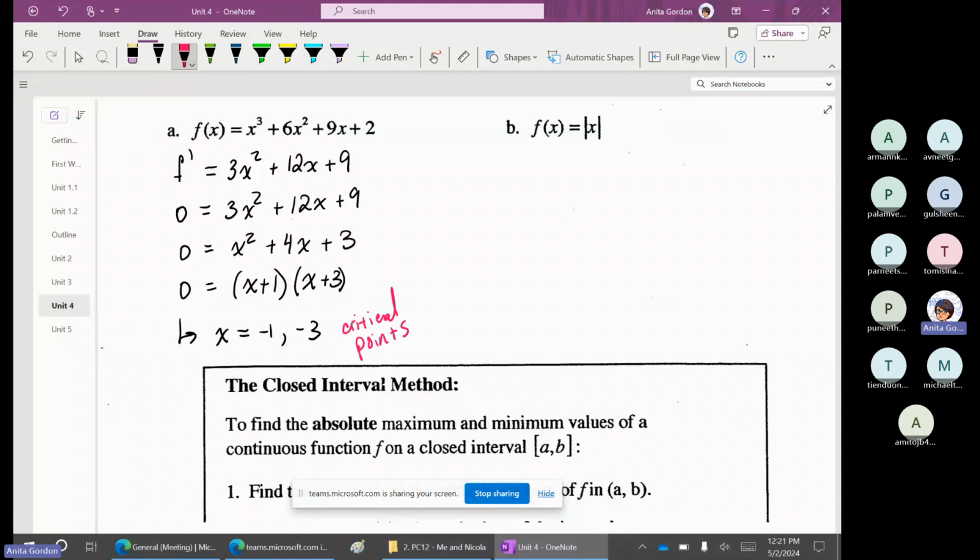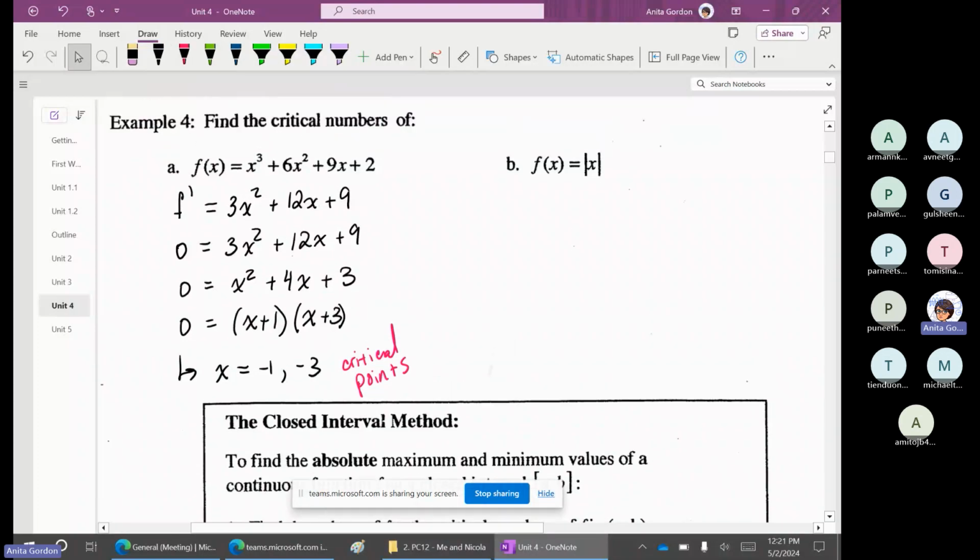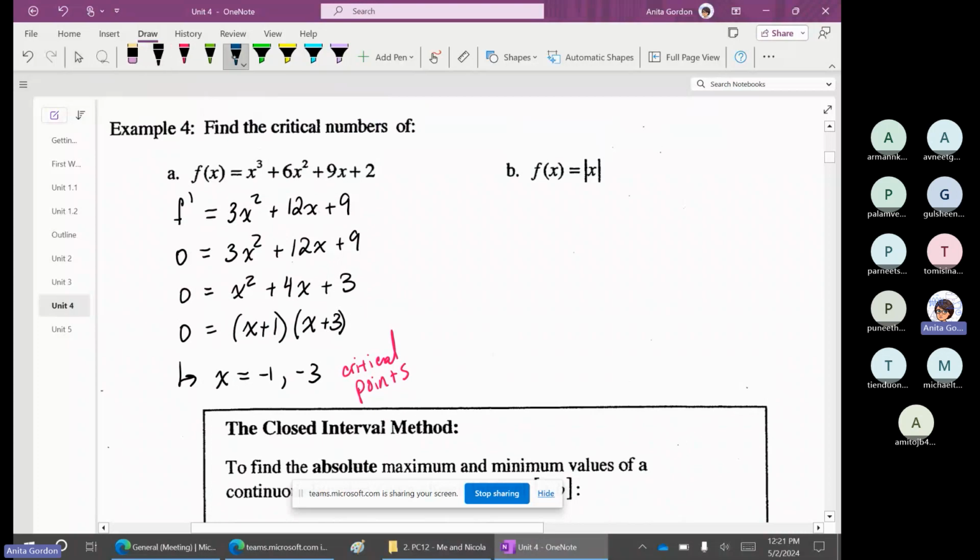To find the location of those points on the graph, all I have to do is find what is f evaluated at -1, what is f evaluated at -3. At those critical points, I'm just going to grab a, you know what? Can you just believe me that I did it on my calculator already?